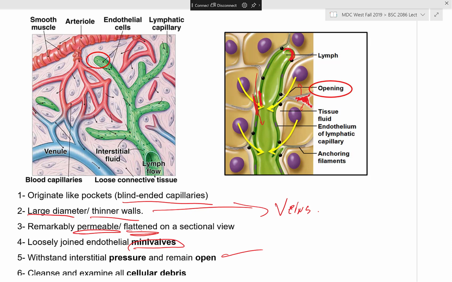As that pressure increases, this tissue will push on this wall, and the fluid will tend to go inside, through those mini valves. And that's how, in a high pressure environment, so when there's a lot of fluid there, remember we said 2 to 4 liters in one day, these mini valves open and allow the interstitial fluid to become lymph and return back into your heart.